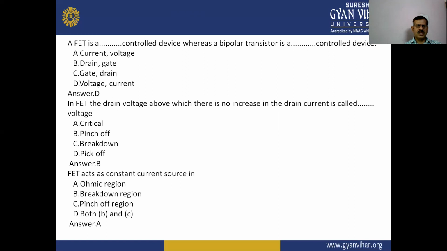And option D, voltage and current. So the correct answer here is option D, because FET is a voltage control device, whereas a bipolar transistor or BJT is a current control device.